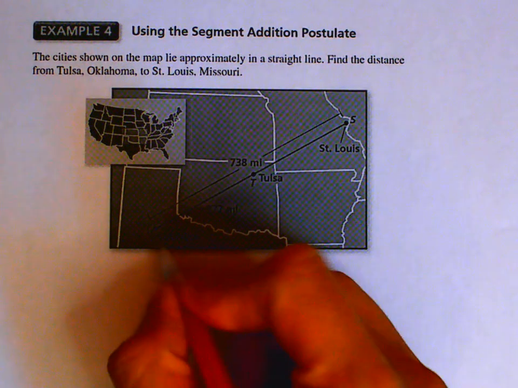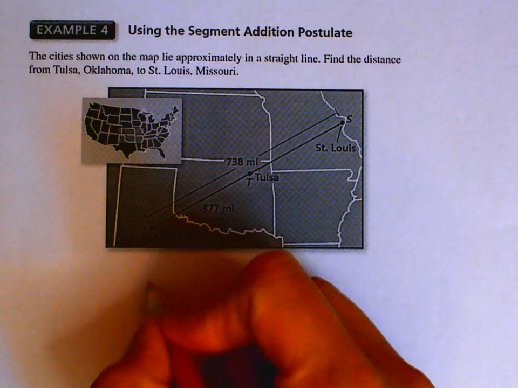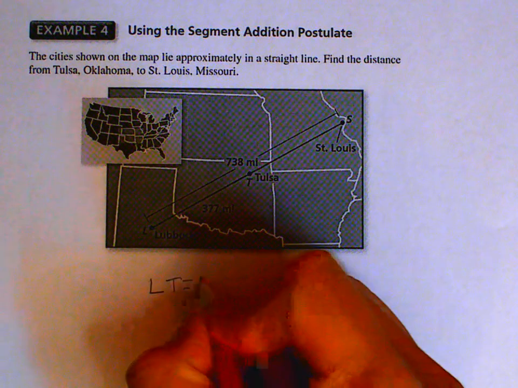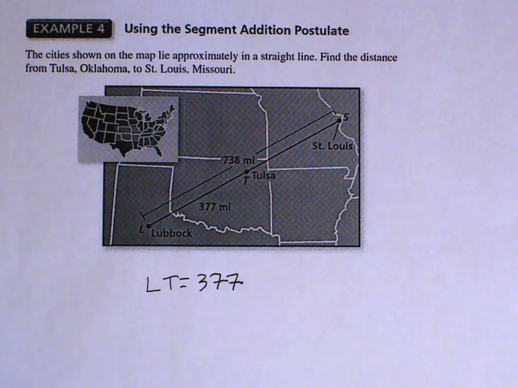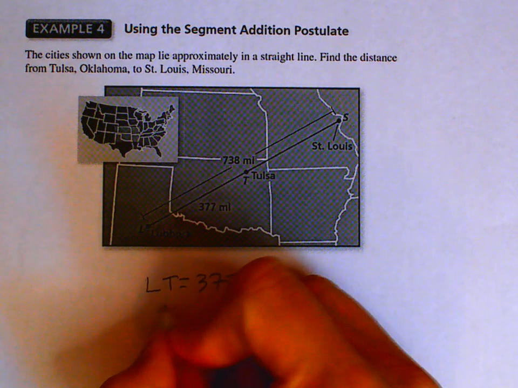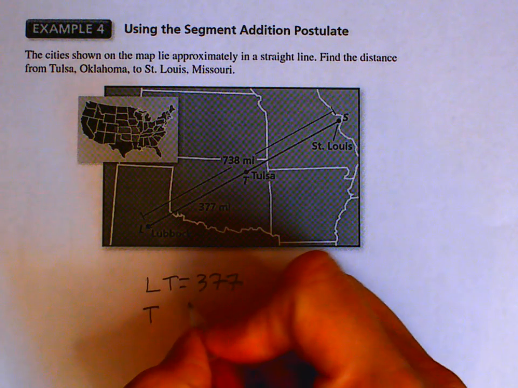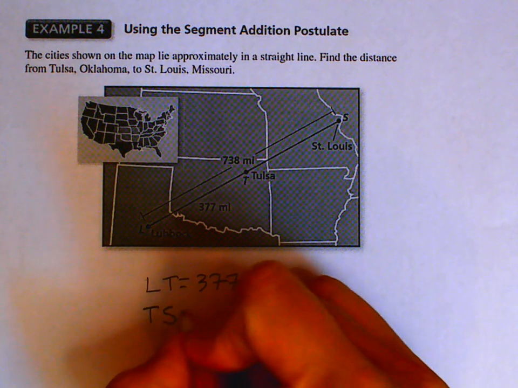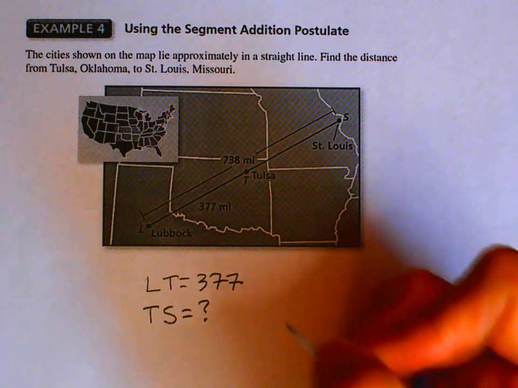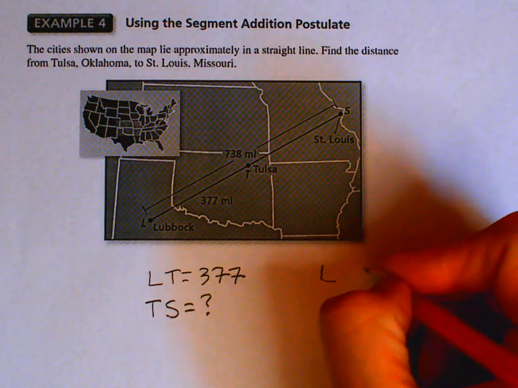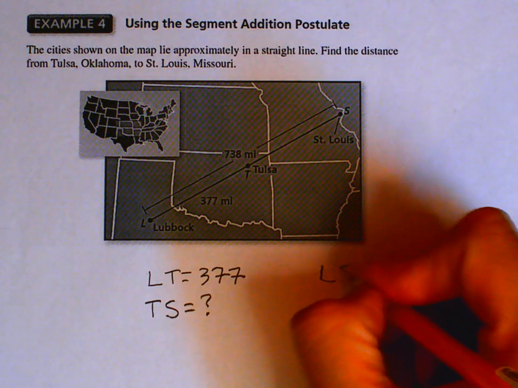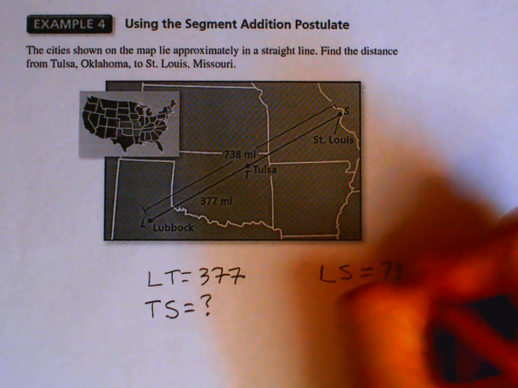We do know that from Lubbock to Tulsa, that distance is 377 miles. We do not know how far it is from Tulsa to St. Louis. That's what we're looking for. But we do know that from Lubbock, hope I'm saying that right, to St. Louis, the distance is 738.